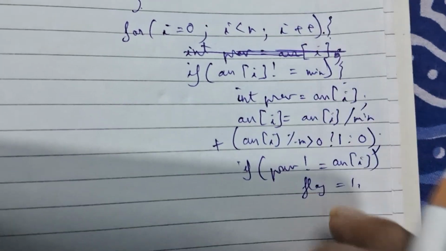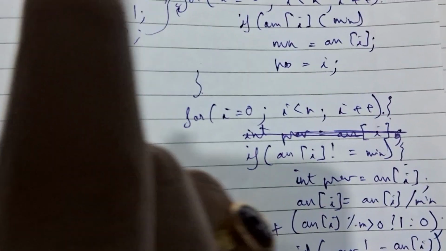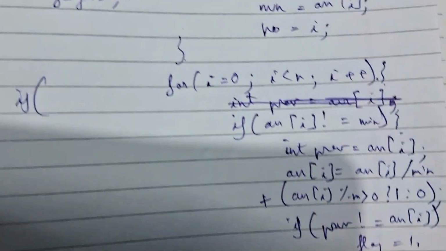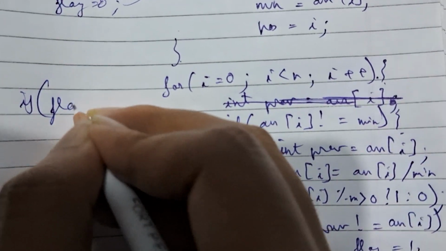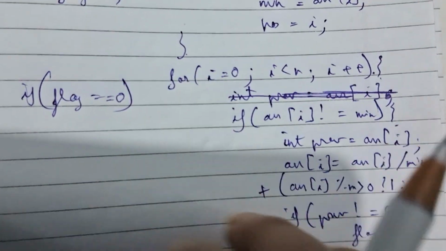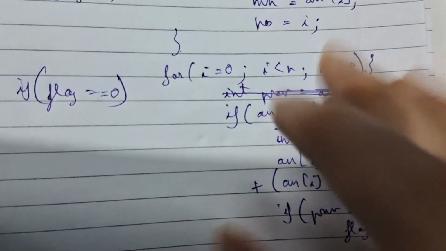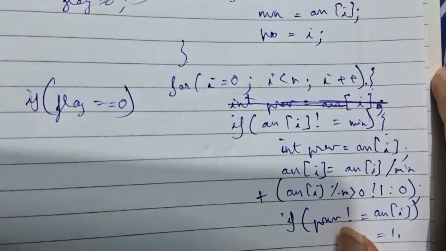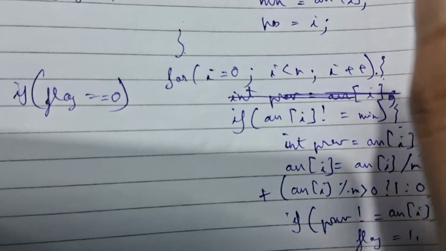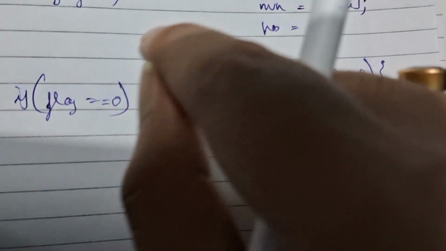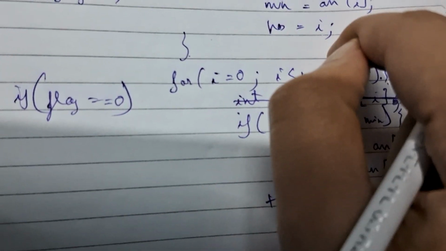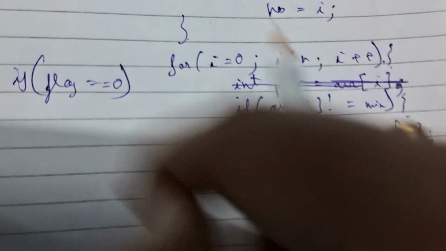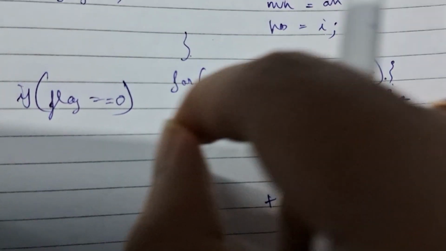So why is this necessary? Because if after doing this, flag is equal to 0, that is even after performing the operations throughout the whole array, no element has changed. So we can guarantee one thing, that if we perform the operation again, no element will change, no matter how many times you perform it.